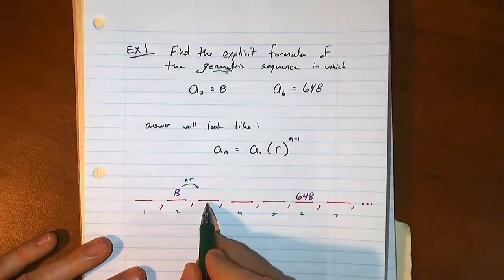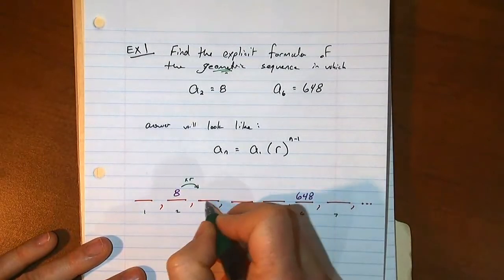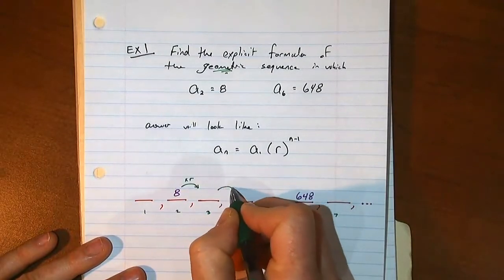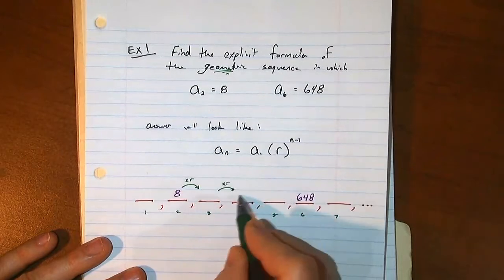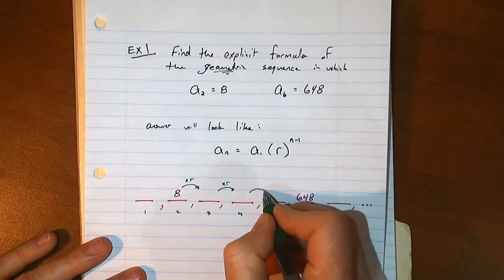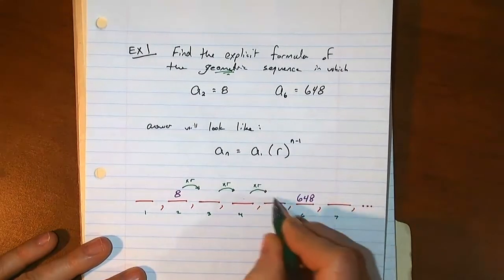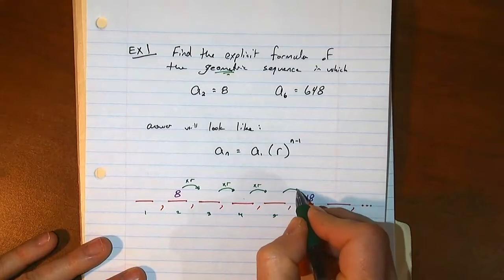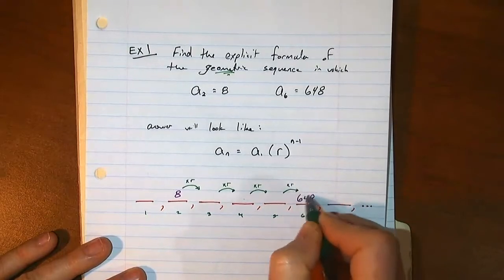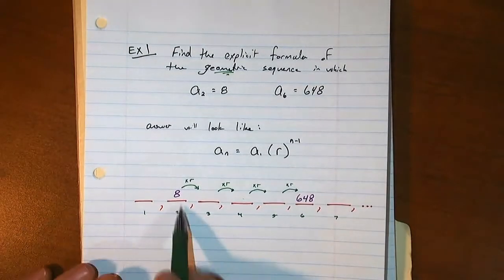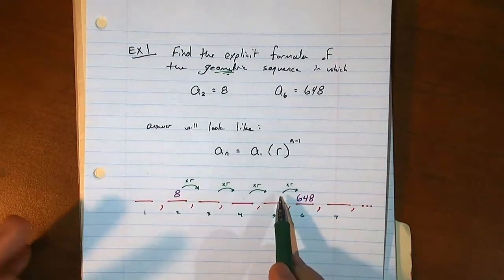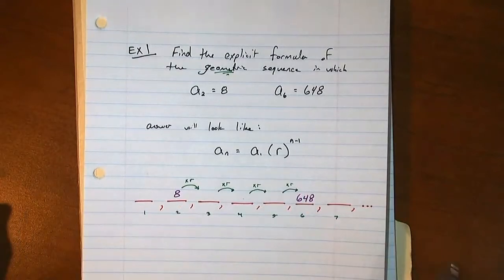So I multiplied by r once to get to here. And then once I figured out that answer, I multiplied by r again to get this answer. And then I did it again, and then again. So I multiplied by r in this particular case 4 times.